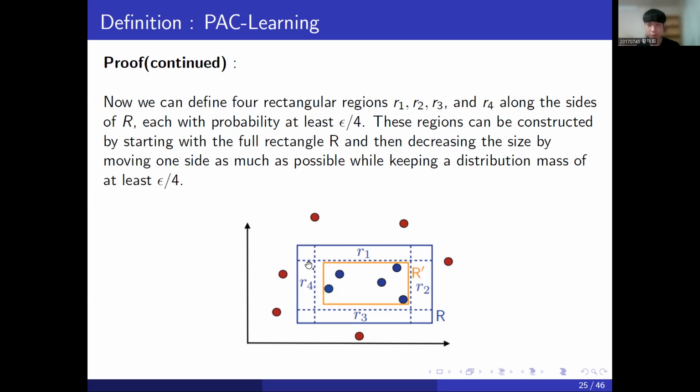So these rectangles are very small at first, and we extend them until the probability of epsilon over 4 no longer holds. So we make this R1 just so, and we repeat this 4 times, and this is the situation.